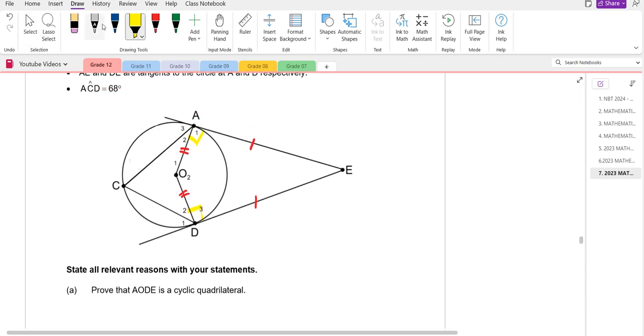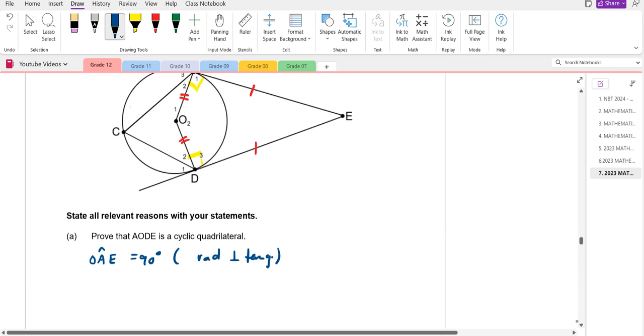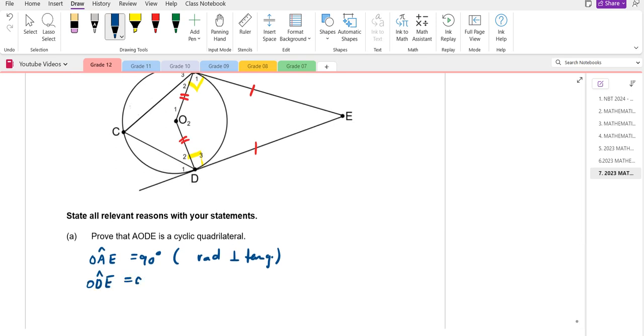So what we're going to say is that OAE is equal to 90 degrees, because radius is perpendicular to tangent. ODE is also 90, same reason, because we have radius perpendicular to tangent.